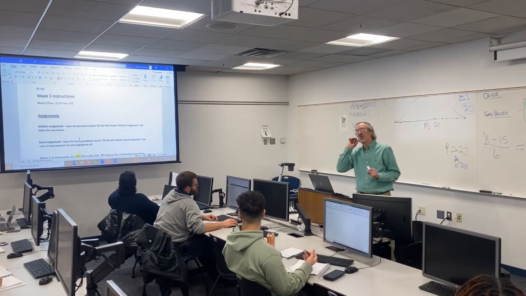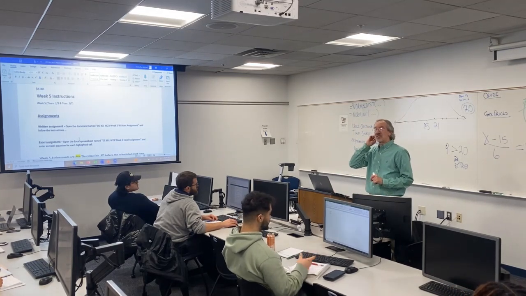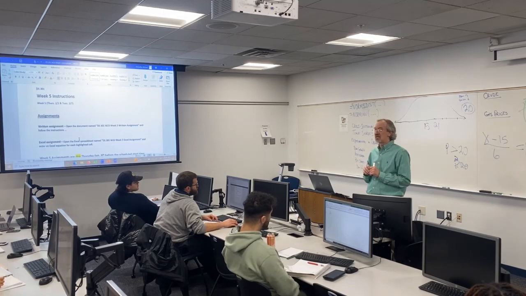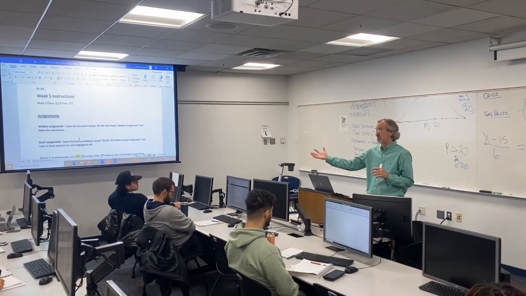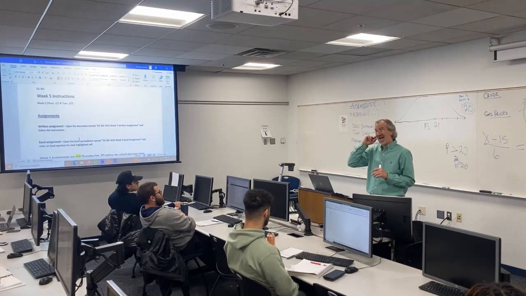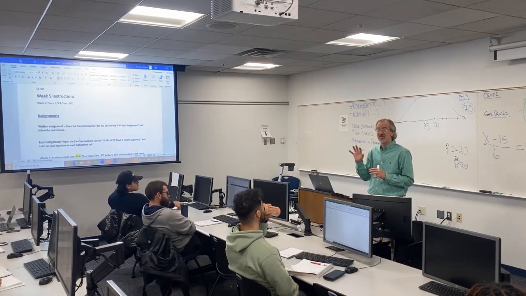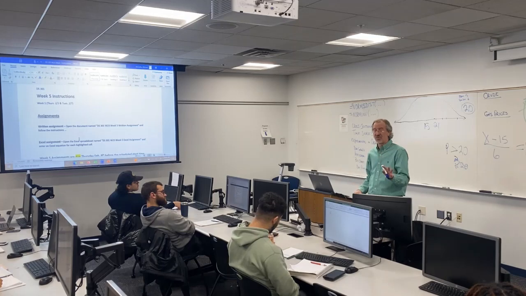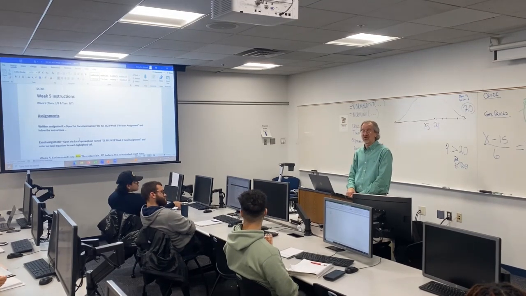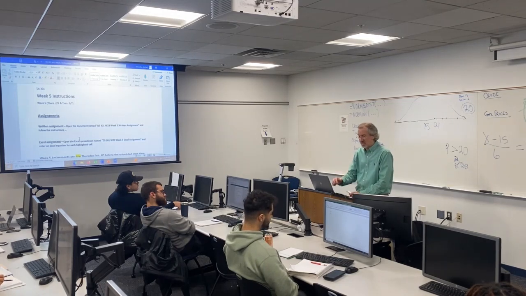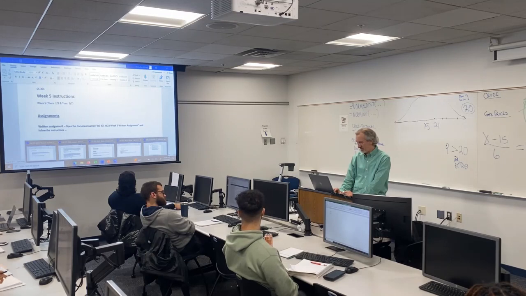I can't remember the point distribution exactly, but far more points are on the Excel part compared to the written. If I had to guess, 70% of the points are on the Excel and 30% are on the written. So the focus of Thursday's lecture is about how to do that Excel. Today's going to be about the written part. Let me just show you both assignments so you know what you have in front of you.